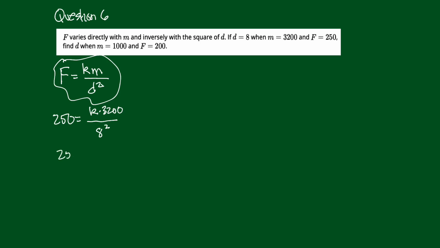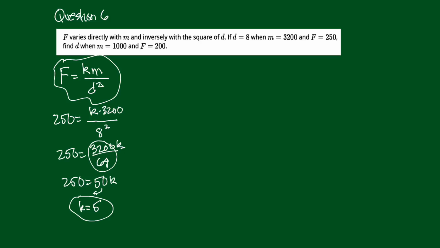So this is going to be 250 is equal to 3200 k all over 64. So I can do that division. So I'll get 250 is equal to, now 3200 divided by 64 will go 50 k. And now let's divide by 50. So k is equal to 5.